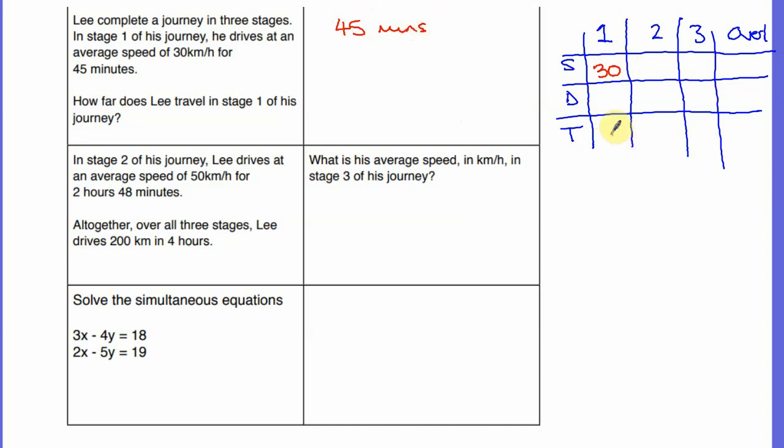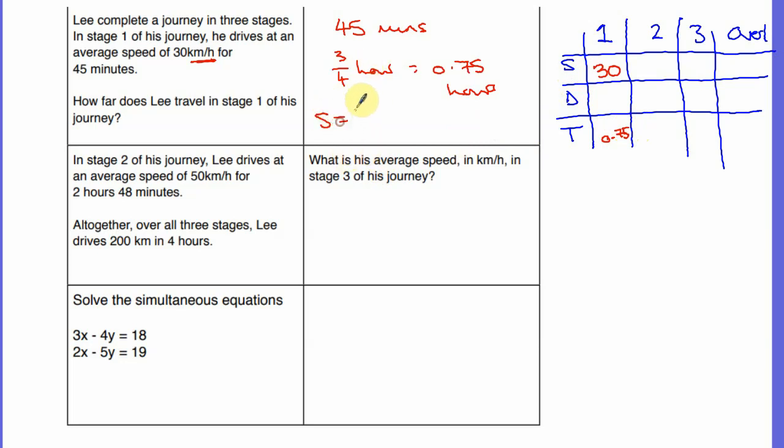Before we write that in there, we're talking about kilometers an hour, so we need our time to be in hours as well. 45 minutes, that's 3/4 of an hour, so 0.75 hours. So I'm going to put 0.75 in here. We've got to keep our units the same for our calculations and our formulas to work.